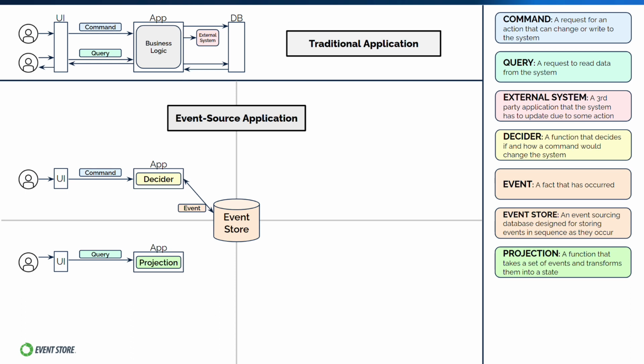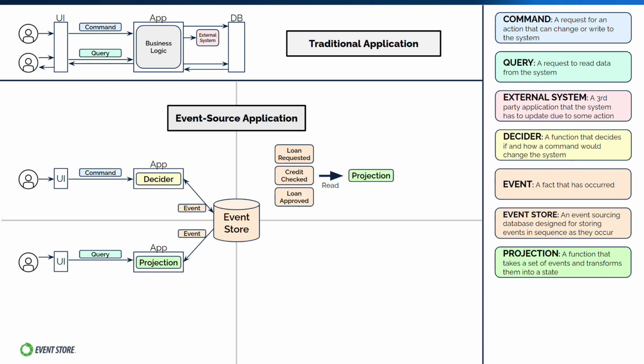For example, to display a UI screen useful for customer service, you might want to collect some events from the event store. Let's say the loan requested event, the credit checked event, and the loan approved event.